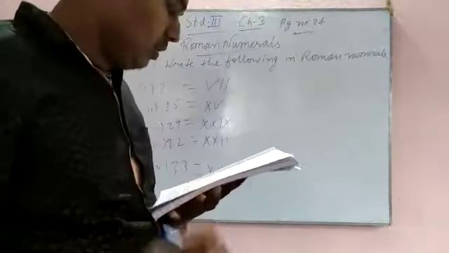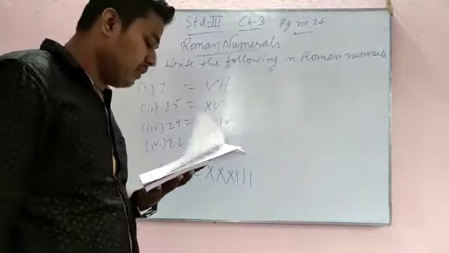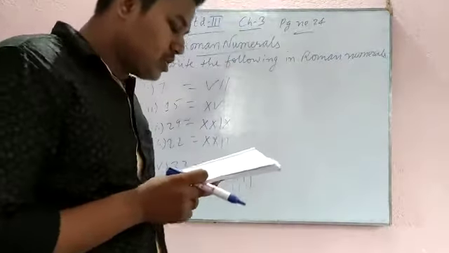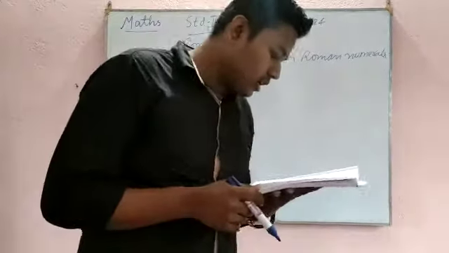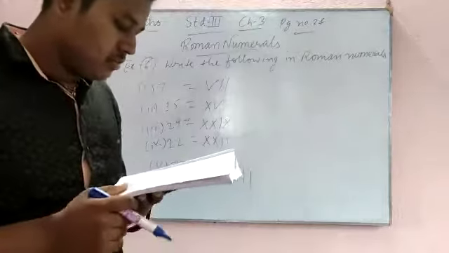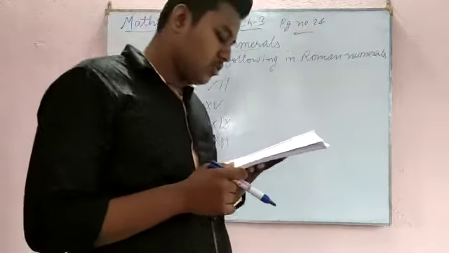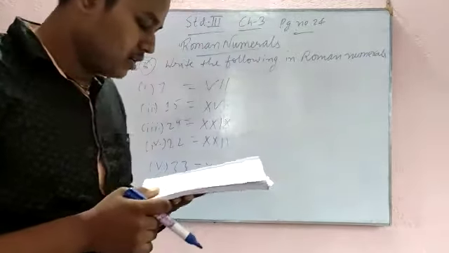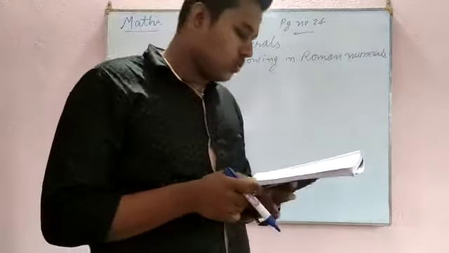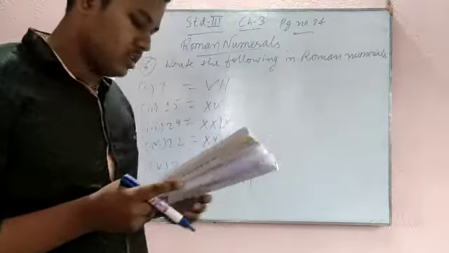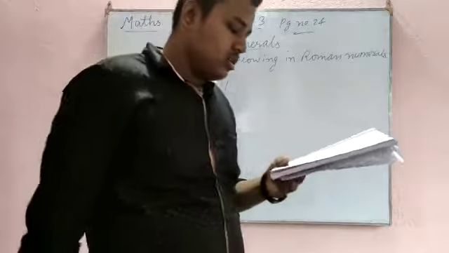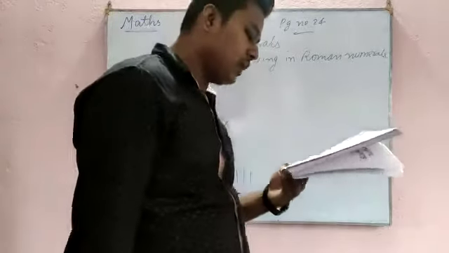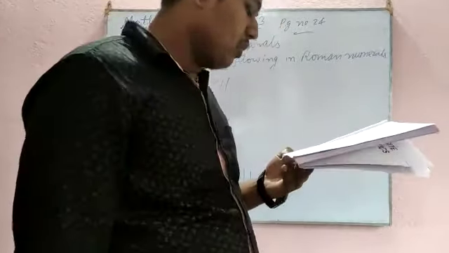Now here is some table. The following table gives the numerals used in different regions. Now Marathi from 0 to 9, Tamil 0 to 9, Kannada 0 to 9, Telugu 0 to 9, Bengali 0 to 9, Gujarati 0 to 9 and Punjabi 0 to 9. Now with the help of the above table, answer the following questions.